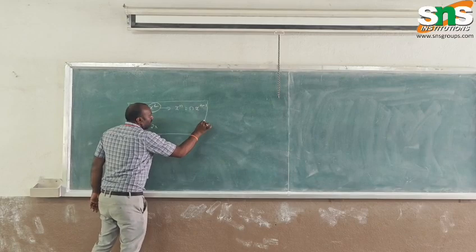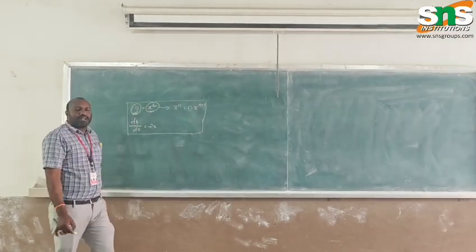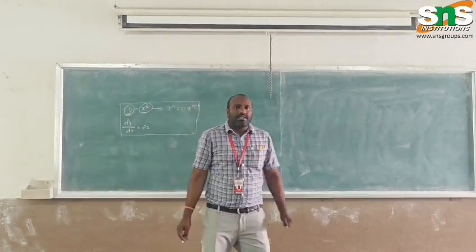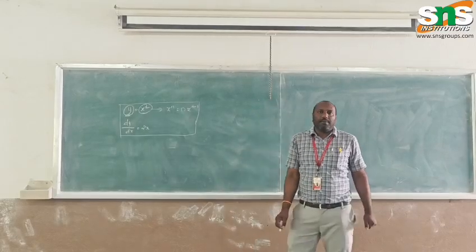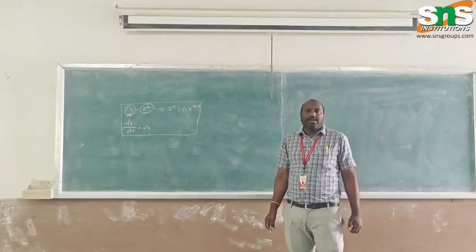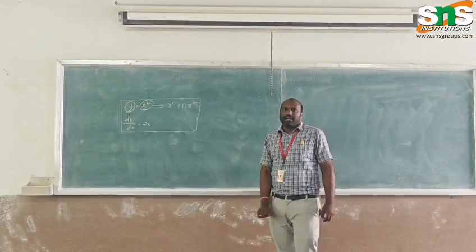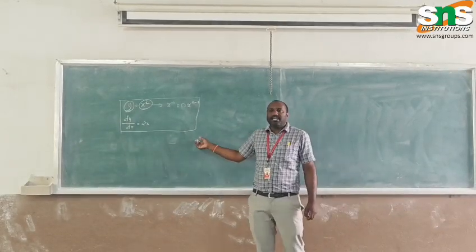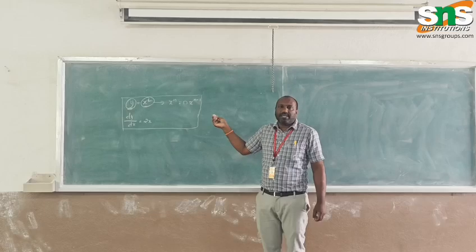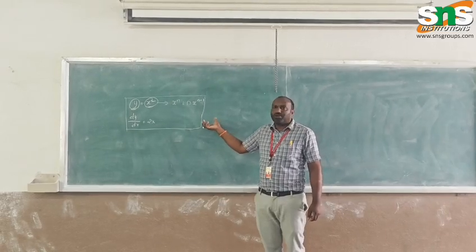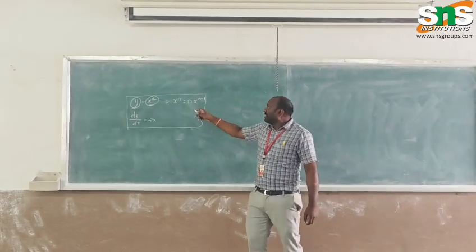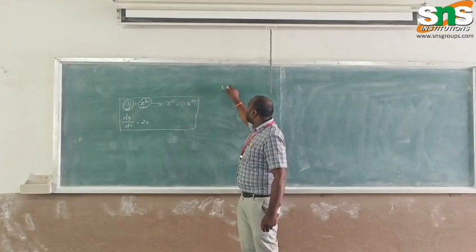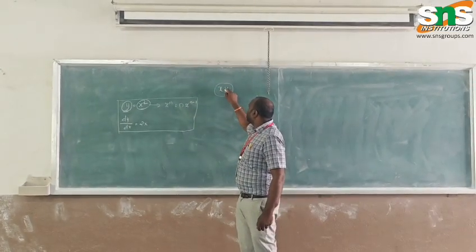In this normal differentiation, we use the tools in this differential equation. The tool is very clear, but it is very difficult because of x and y and the multiplication of x and y.